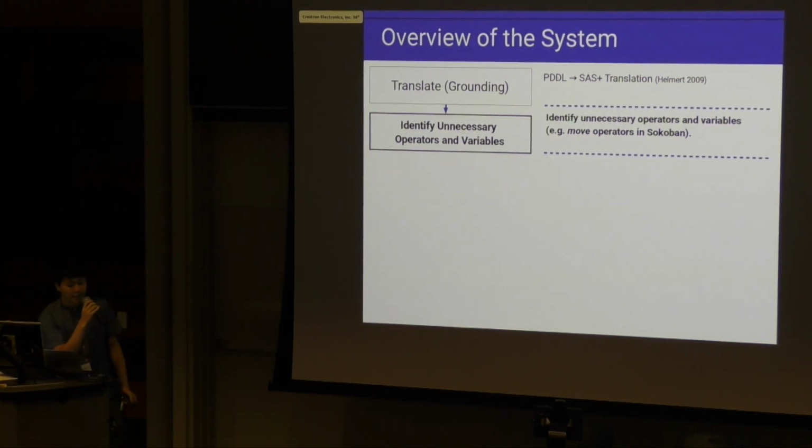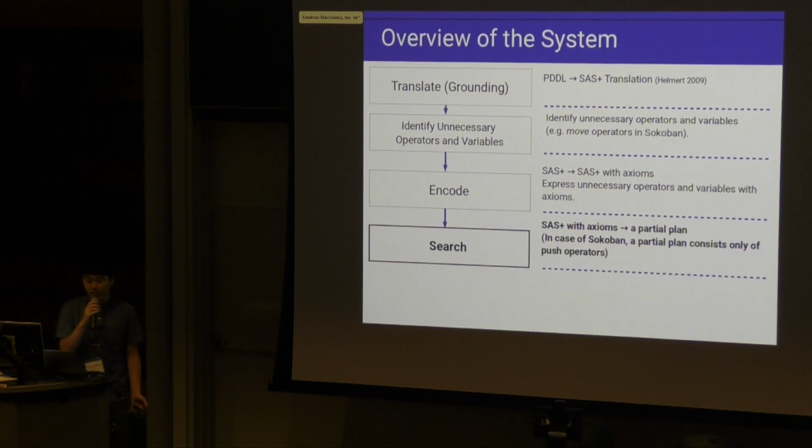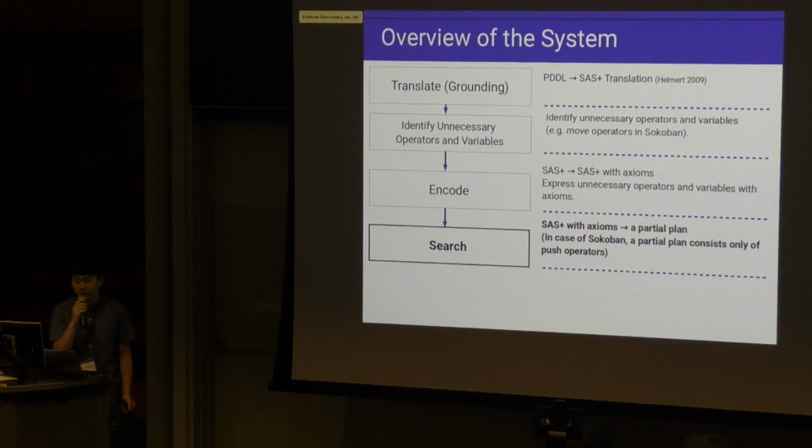As I'll explain later, we also do some analysis to identify inessential variables. The next step is to express the identified unnecessary operators and variables as axioms and get a problem equivalent to the original problem. The encoded problem can then be fed into any domain-independent planner capable of handling axioms.